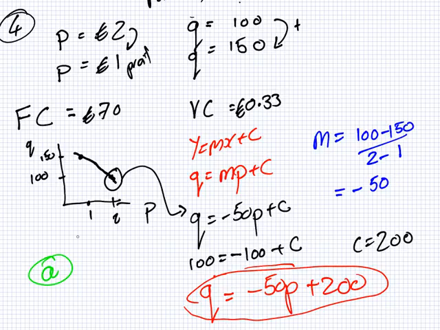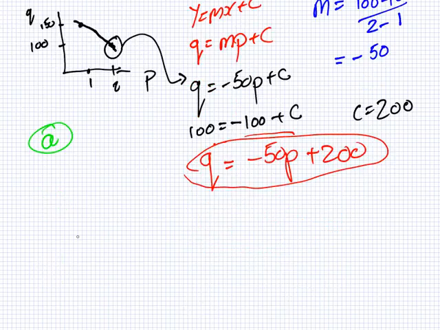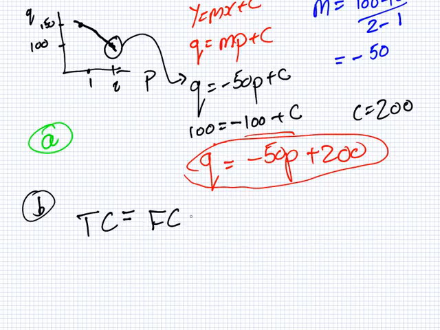Continue? Yep, okay. Right, so now we need to work out the total cost. So what is the formula for total cost in business and economics? It's fixed cost plus variable cost. What's the fixed cost here? €70.